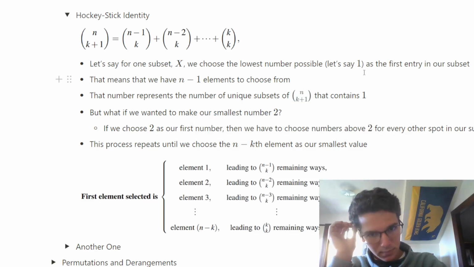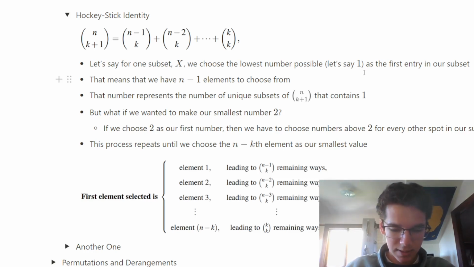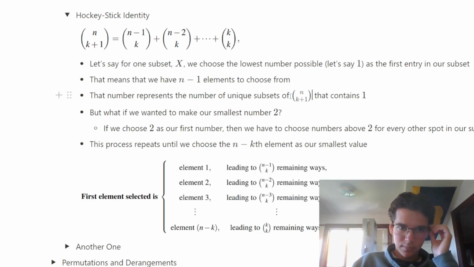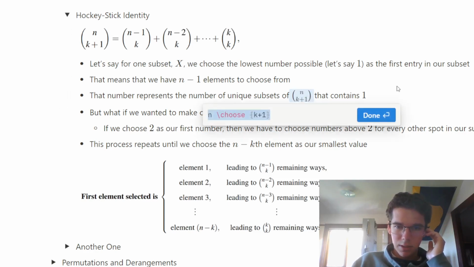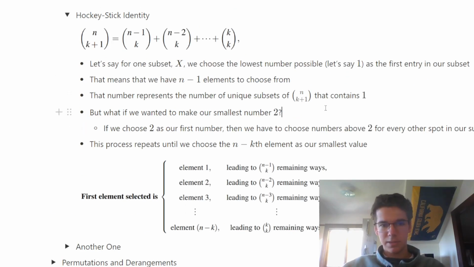So we're going to want to generate all of the subsets that have 1 as the smallest value. That means we have n minus 1 values to choose from for every other value in that subset, leading up to k. I'm not 100% sure of the validity of this statement, but I think it's right. And then we basically extrapolate that out.